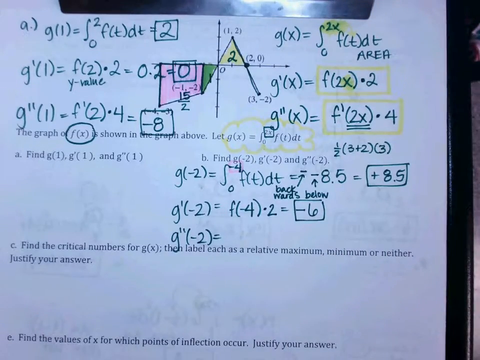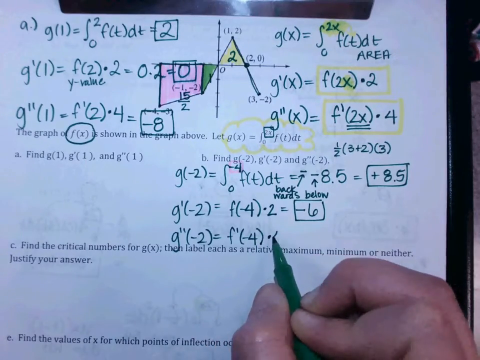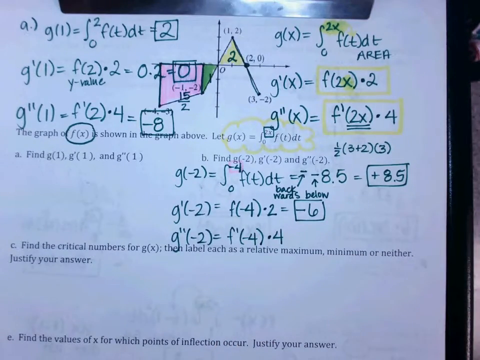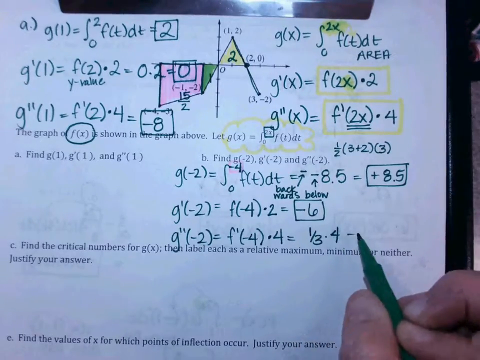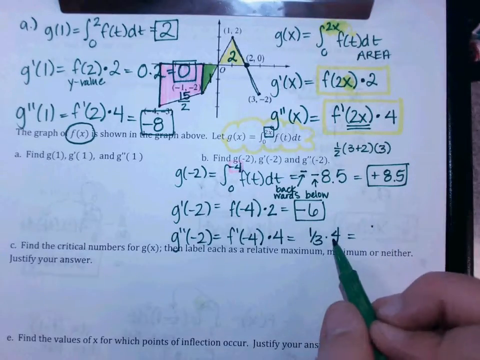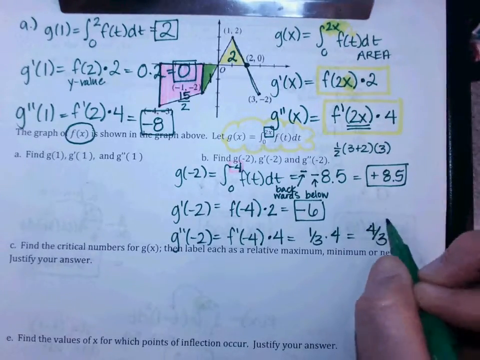Okay, then g double prime at -2 would be f prime at -4 times the answer by 4. So f prime at -4, what's the slope of that line segment? 1/3 times 4, which is? It is, yeah. So this would be 1 1/3 or just 4/3 to keep it easy.